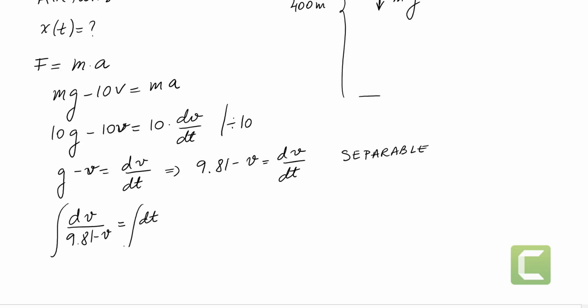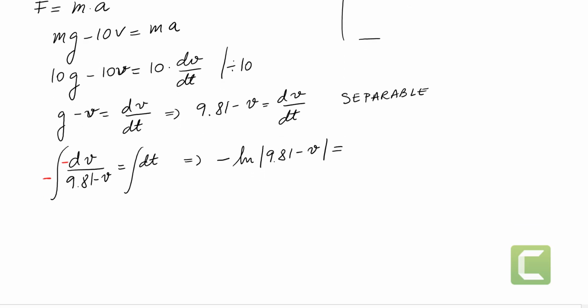We integrate both sides. If we differentiate the denominator, we notice that we'll get minus dv, so I'm going to put that minus in front of the dv and in front of the integral, which gives me negative ln of the absolute value of 9.81 minus v. If this trick is hard to understand, feel free to solve the left-hand side by substitution.